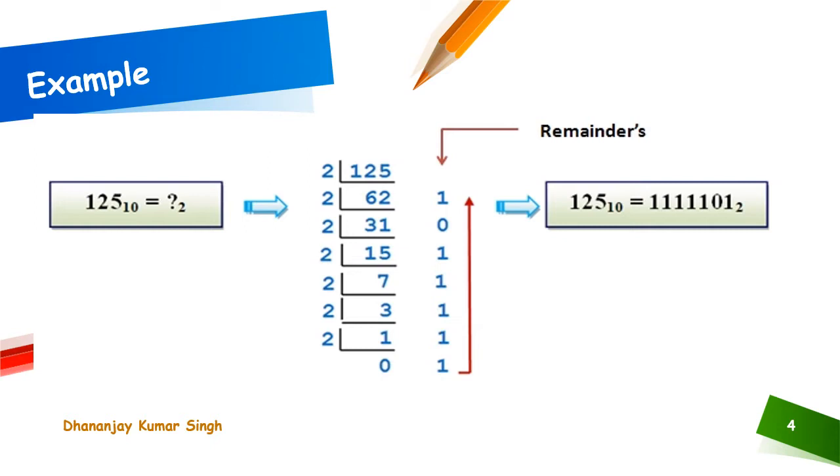So you can see the binary number of the decimal number 125 is 1111101, and here 2 is indicating the base, and here 10 is indicating the base of the decimal number.